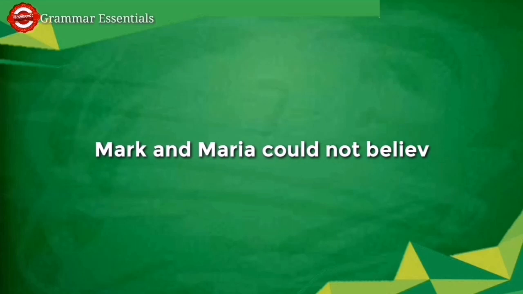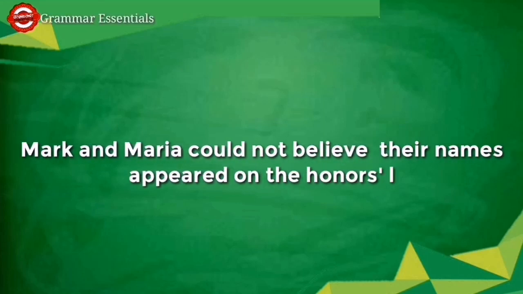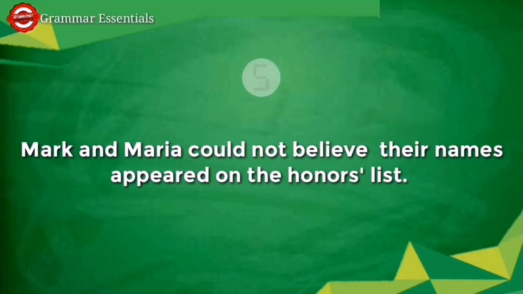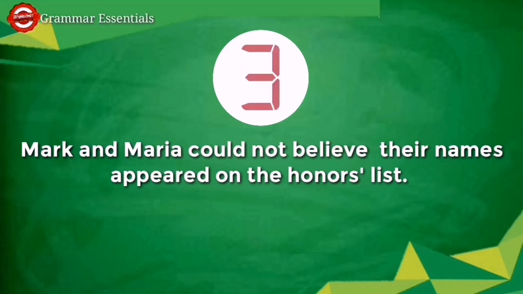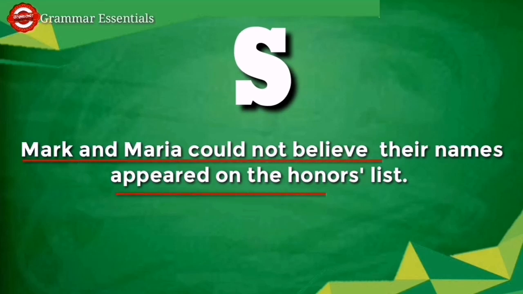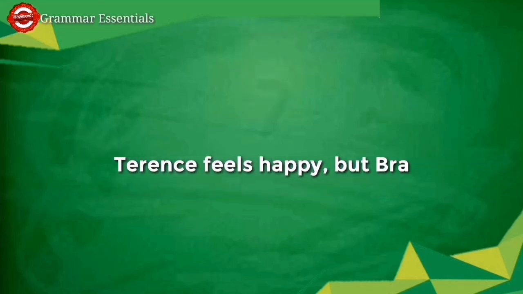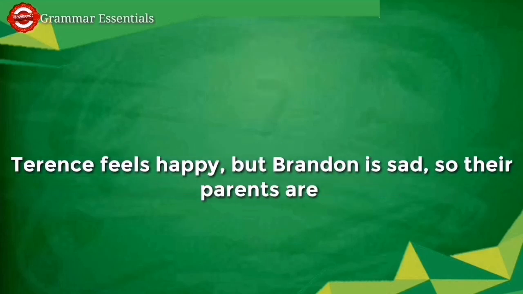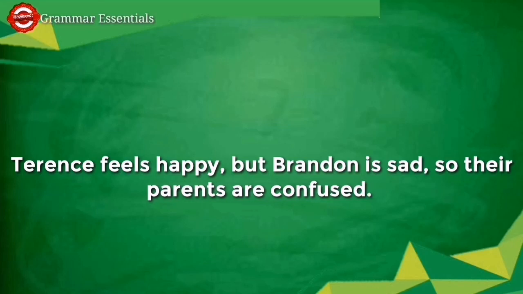Number 2. Mark and Maria could not believe their names appeared on the honors list. This is a simple sentence because it contains only one independent clause. Number 3. Terrence feels happy, but Brandon is sad, so their parents are confused.